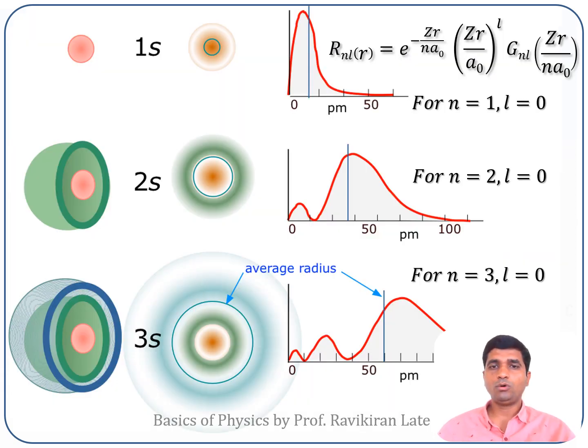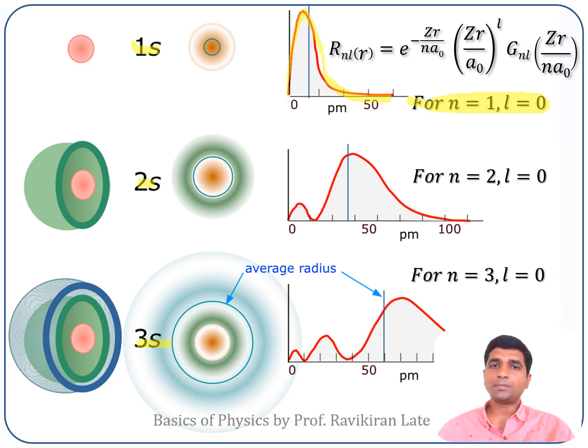Now, if you consider how we get this orbital quantum number and the principal quantum number, these are the angular parts showing the 1s orbital, 2s orbital and 3s orbital. If you plot the radial part, you can see for n equal to 1 and L equal to 0, that is the 1s orbital, the plot will be like this.